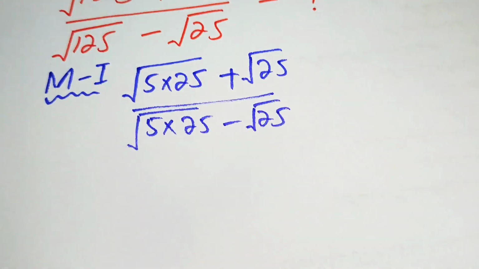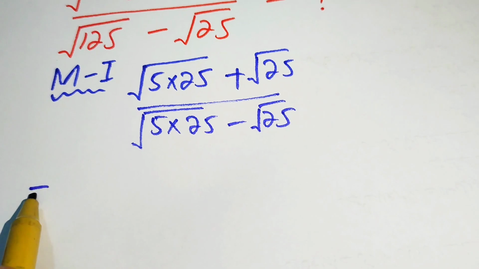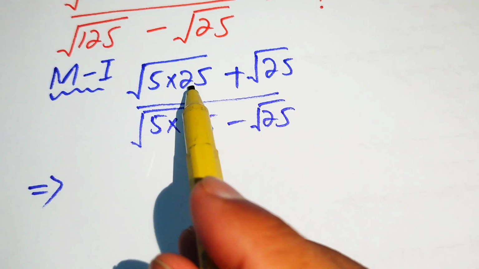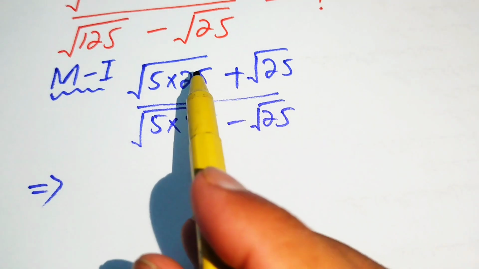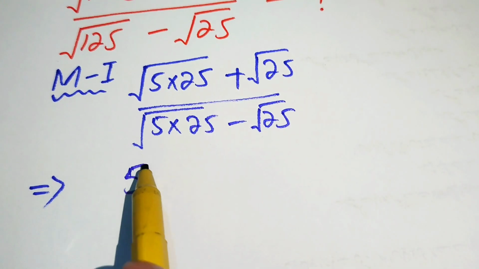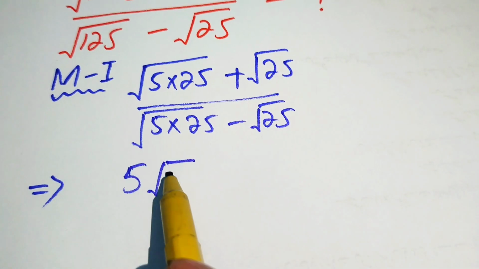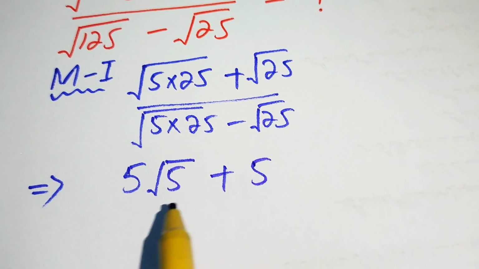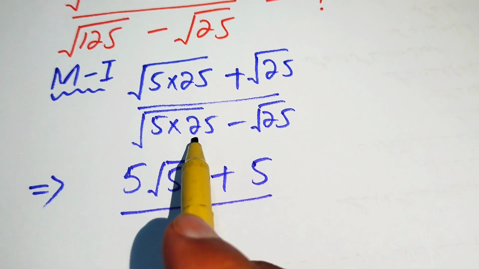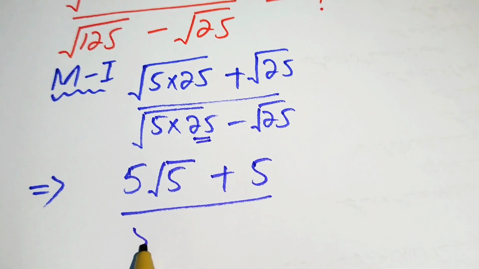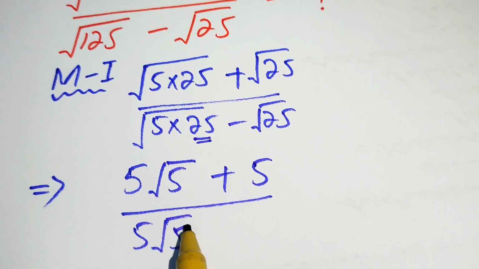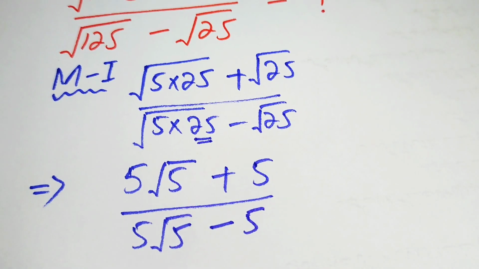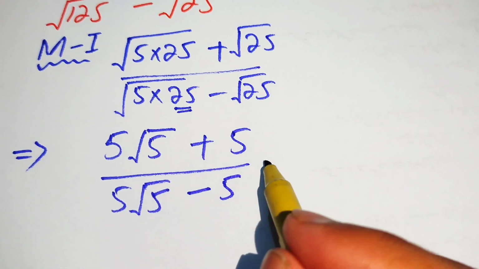Now in the next step, we take the square root of 25, and we know that the square root of 25 is equal to 5, so this is 5√5 plus 5, divided by 5√5 minus 5.